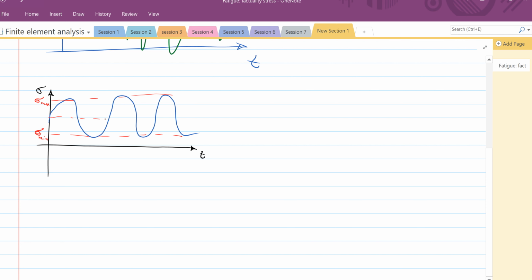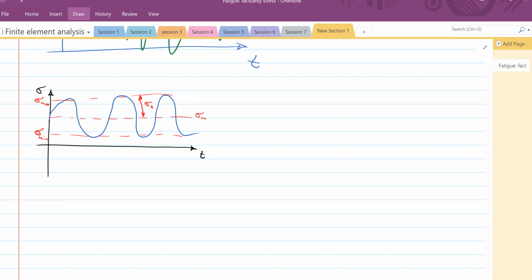The mean one, mid-range stress. And this part, alternating stress.